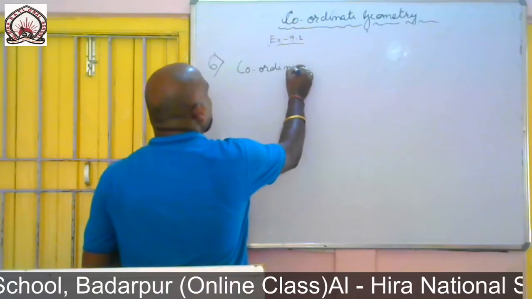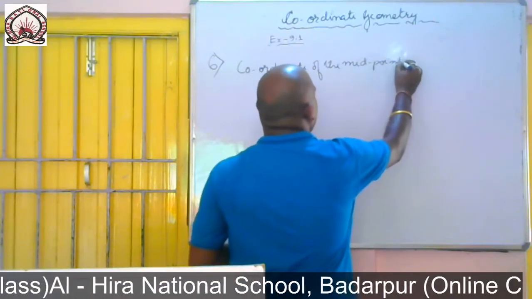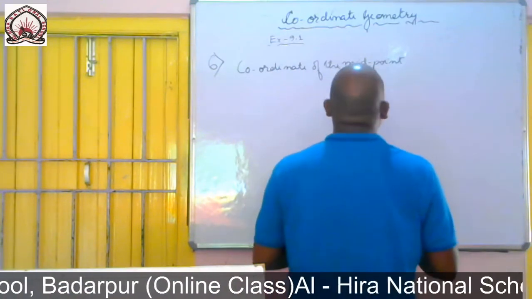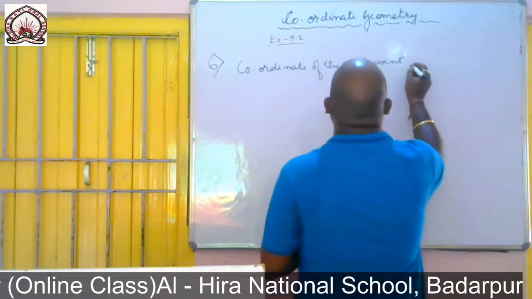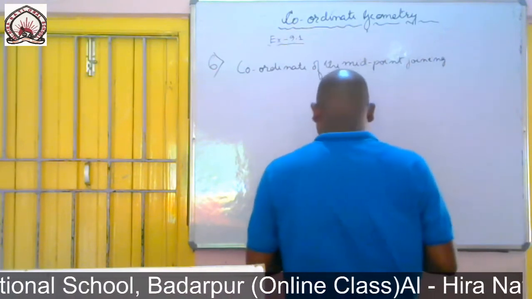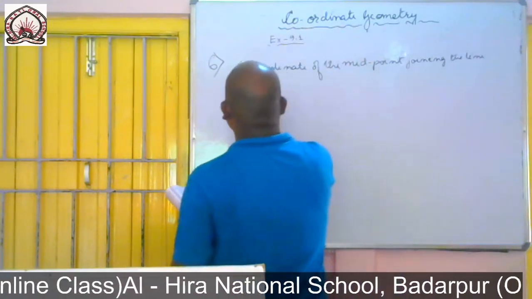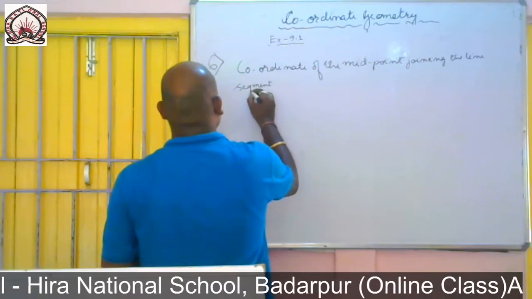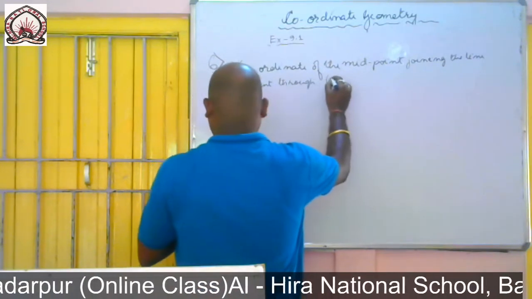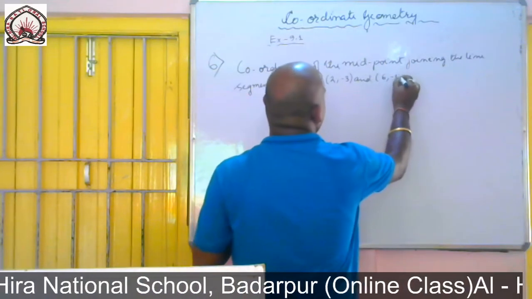Now the coordinate of the midpoint joining the line segment through 2 comma -3 and 6 comma -1 is.